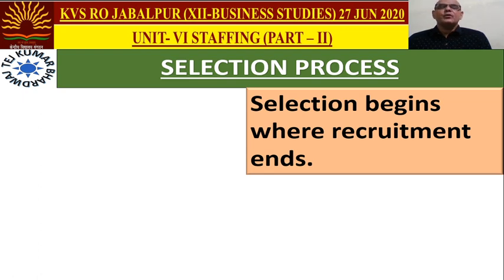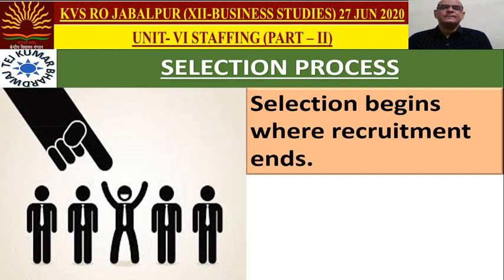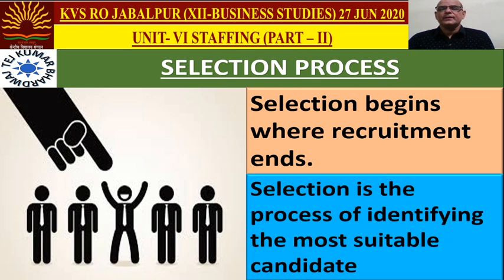After that, when they apply in our organization, our next step is to choose the best workers out of the total applicants. So selection starts where recruitment ends. You can see the diagram. Out of various recruitees, we have to select the best one which is suitable for our organization. So selection is the process of identifying the most suitable candidate.